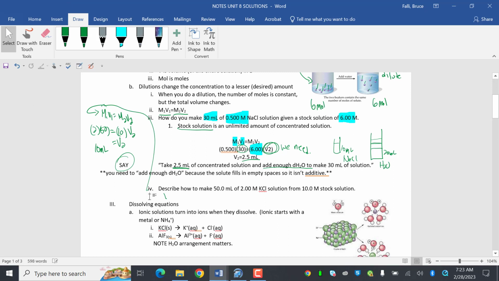We're going to take 10 milliliters of, I'm not going to say concentrated, I'm going to say 10.0 molar solution, and add enough distilled H2O to make 50 milliliters.